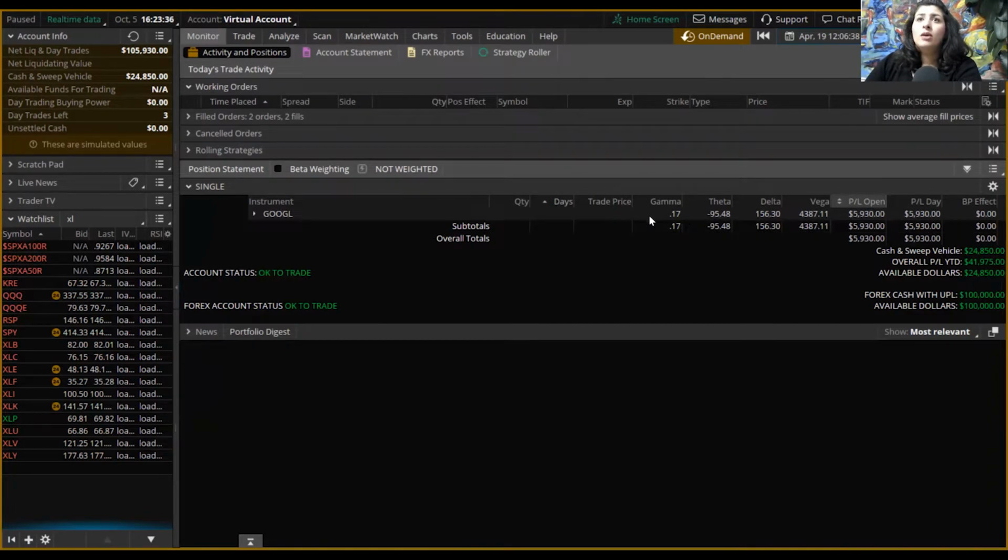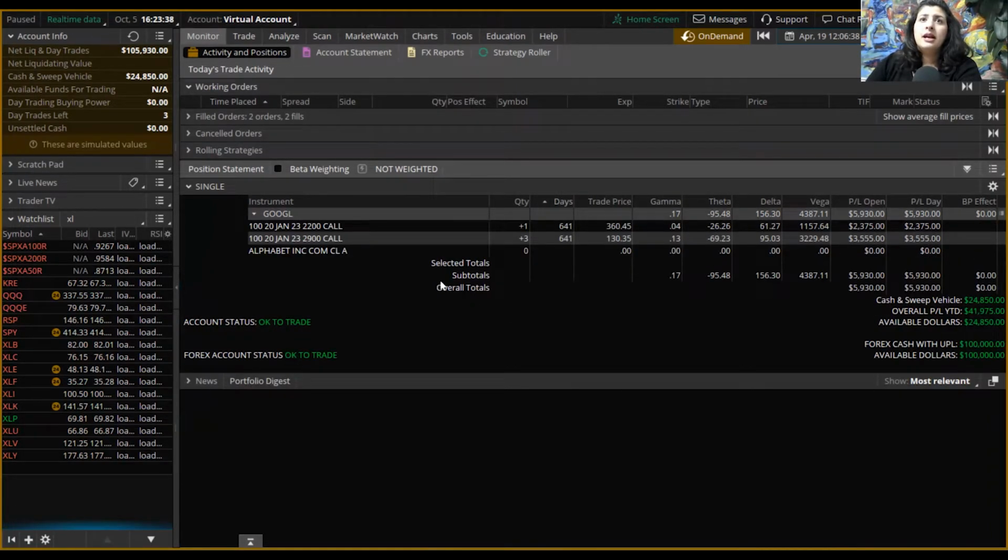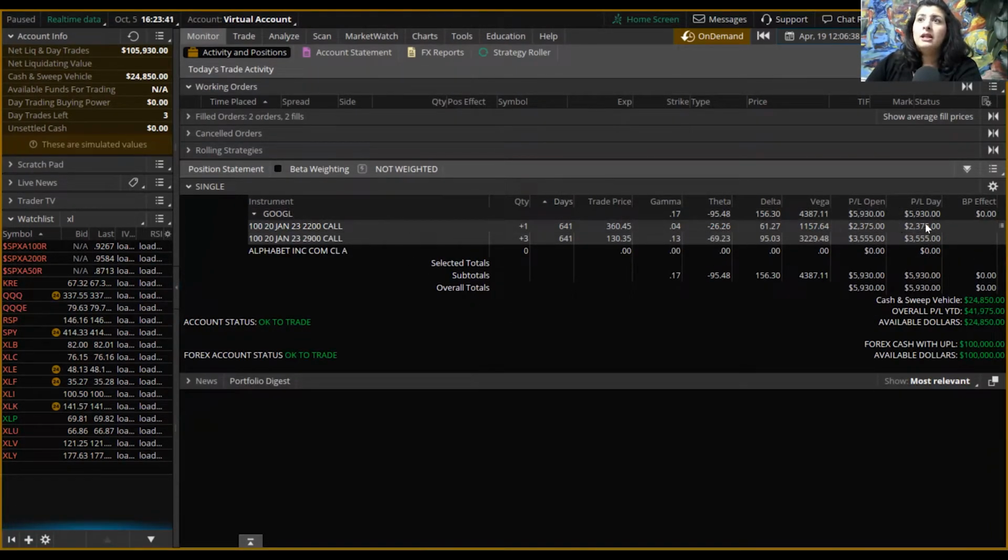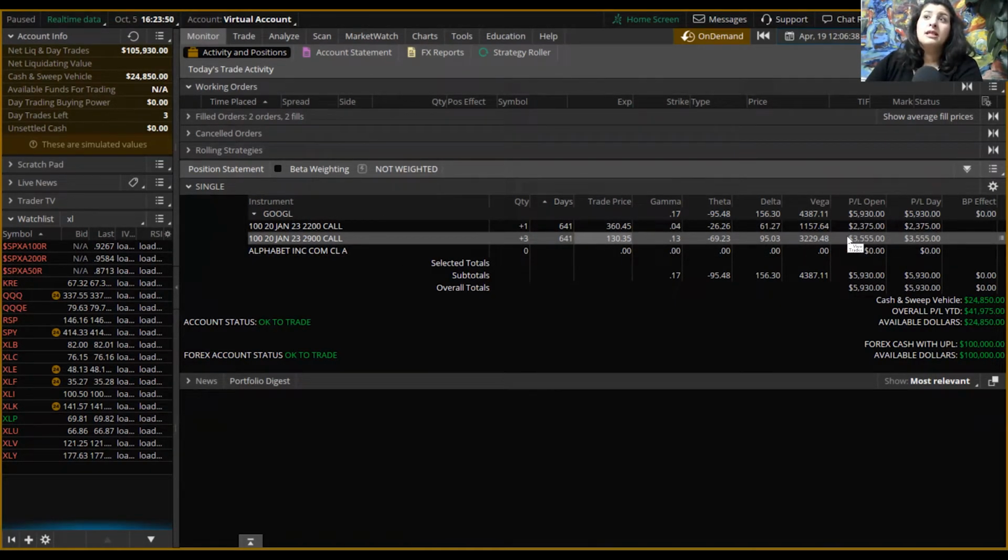So on our monitor tab, we can see that our single call has increased in value by approximately $2,300, but our out the money call has actually increased in value by $3,500.